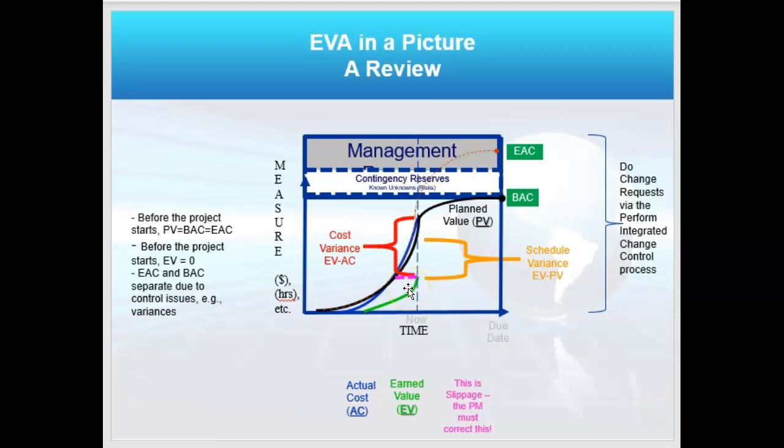Maybe it rained and rained for weeks while I'm trying to build the house. But I still had to pay the crew, so my costs are up here. Well, this is going to lead to a cost variance, which we know is EV, always first, minus AC. And a schedule variance, which is always EV first minus PV, right?